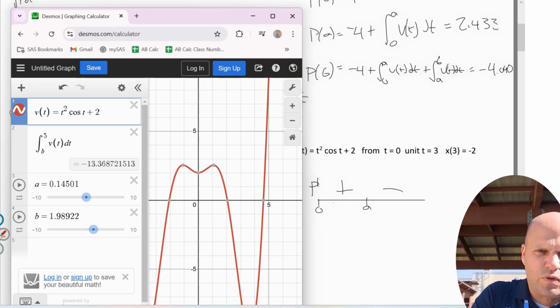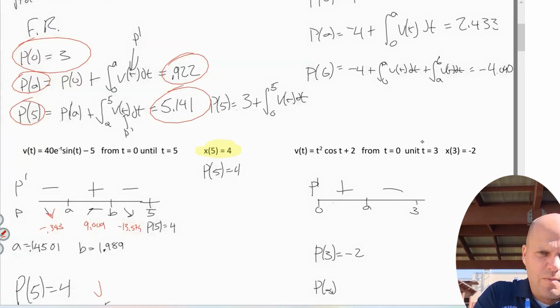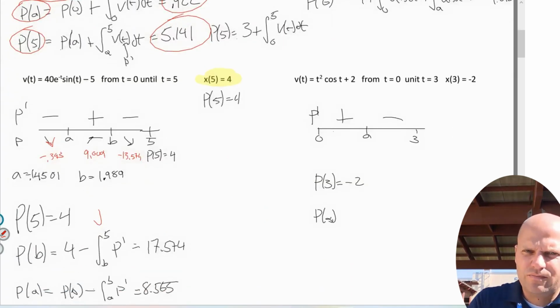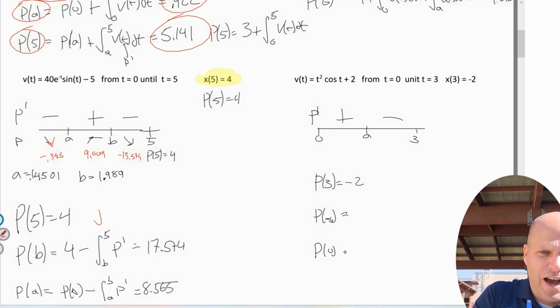We're going from 0 to 3. I have my position at time 3. My position at time 3 is -2. I need to find my position at a and my position at 0. I know that I will decrease from a to 3. It's probably best to go in order here. Maybe let's go backwards.